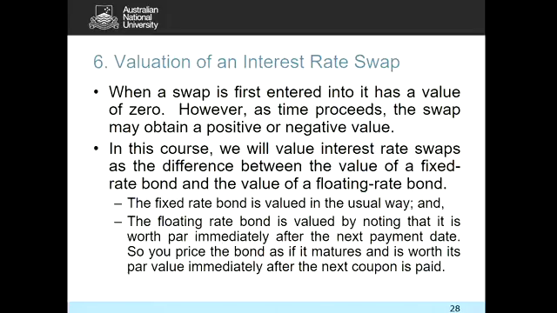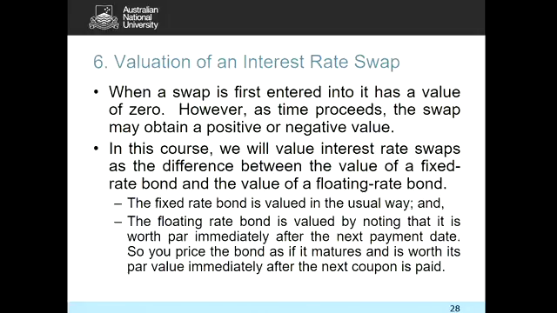So the great thing for you guys is when you do these calculations, you get to ignore all those future coupons. When you value a floating rate bond, you look at the next coupon date, you discount the value of that coupon back at that date, and you also discount back the face value of the bond at that same date.